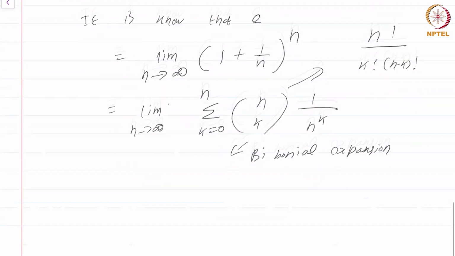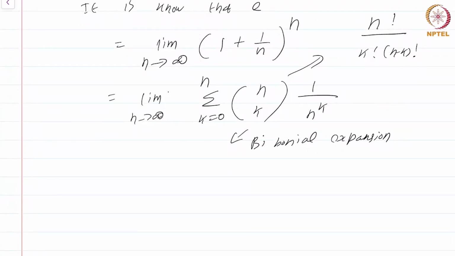Okay, now this is interesting. We got some summation, but it doesn't look very similar to what we have. But given that there is n choose k which involves factorials, there is some hope. Okay, so let's expand this inner part further. So this is summation k equals 0 to n of n factorial by n minus k factorial times k factorial into 1 by n power k.